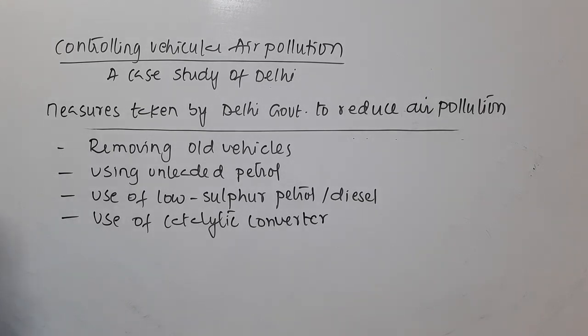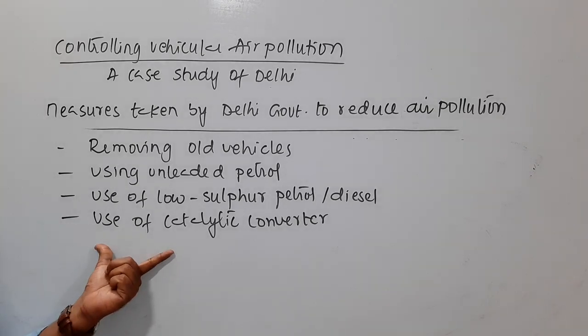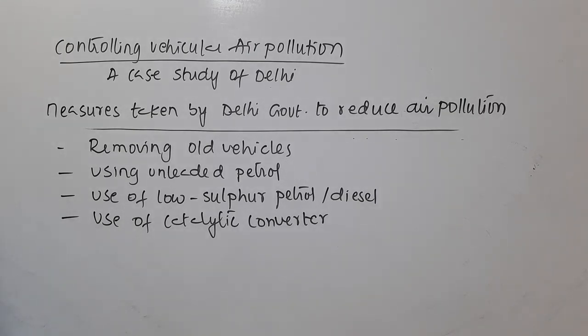It helps in reducing air pollutants like carbon monoxide and nitric oxides by converting them into non-poisonous gases, so the use of a catalytic converter is compulsory and has been made mandatory across all vehicles.